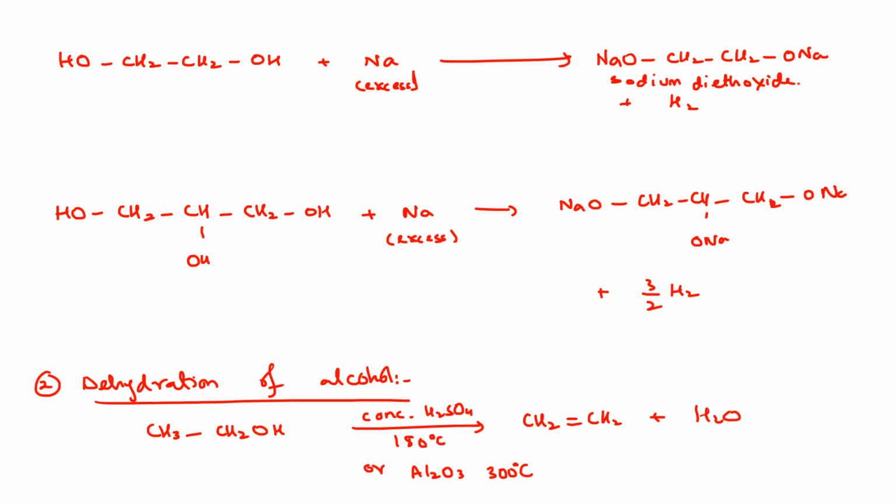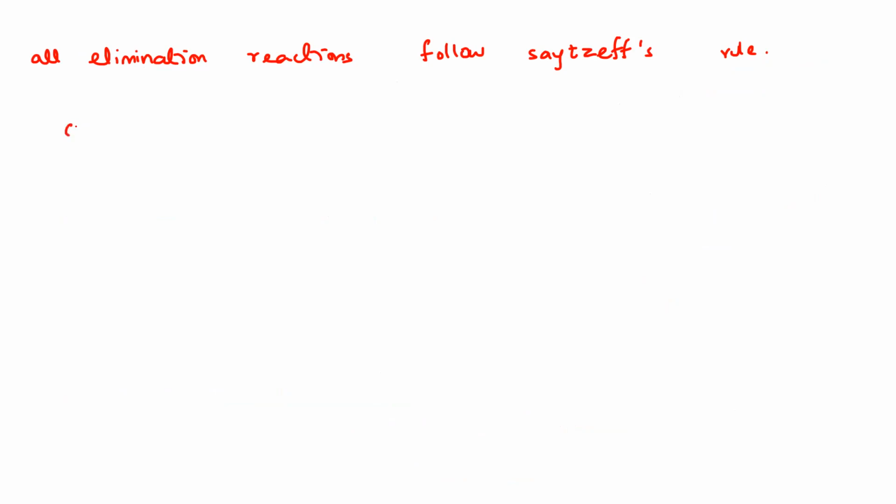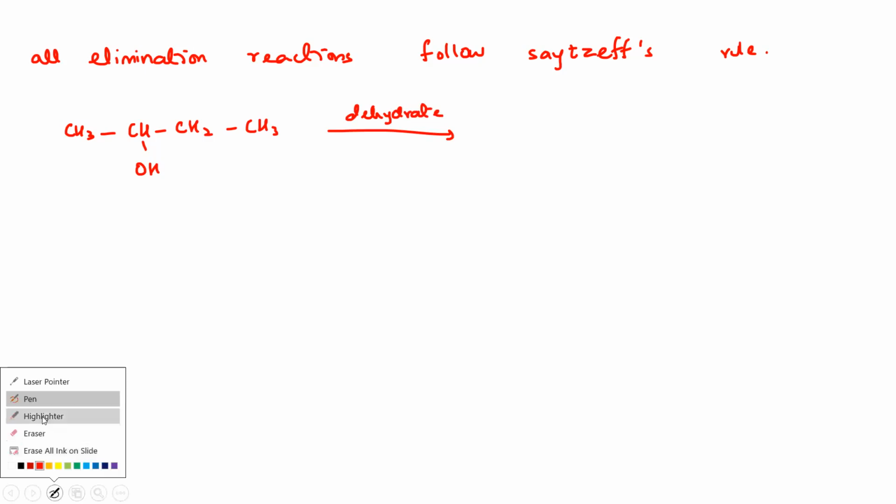This is an elimination reaction. So all elimination reactions follow Zaitsev's rule. That's the reverse of Markovnikov. So for example, if I have something like this, if I dehydrate it, there are two possibilities for a double bond.